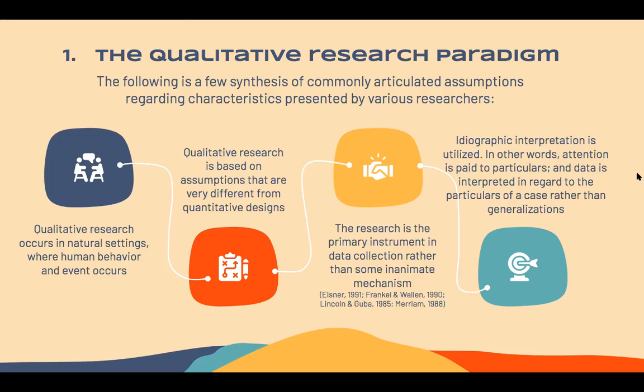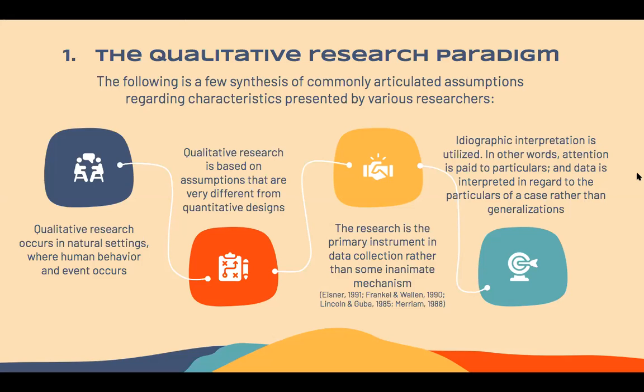Theory or hypotheses are not established a priori. The third one: the researcher is the primary instrument in data collection rather than some inanimate mechanism. This assumption is based on Eisner 1991, Fraenkel and Wallen 1990, Lincoln and Guba 1985, and Merriam 1988.